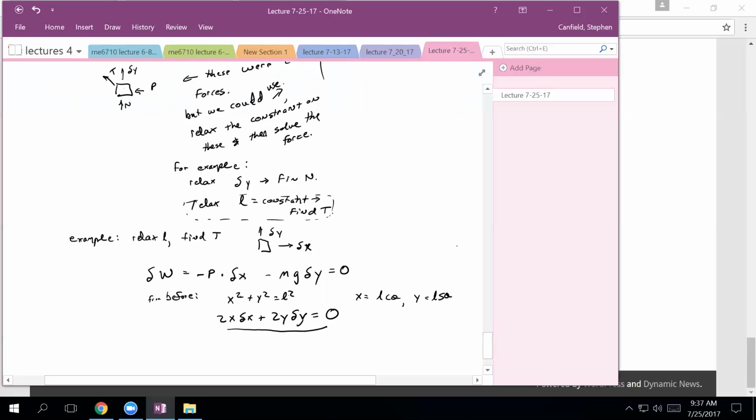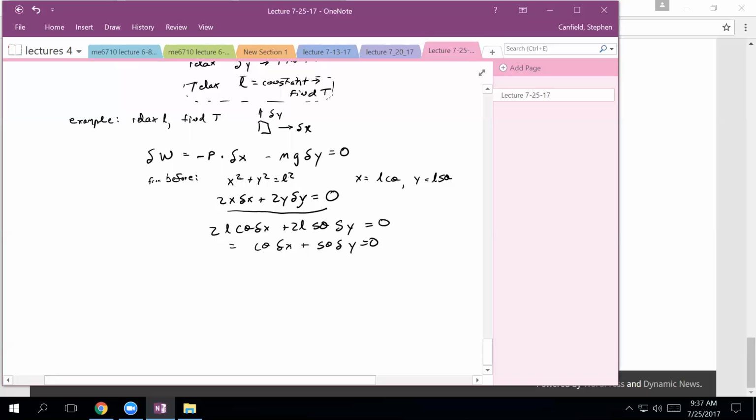So when we put this in, I get 2 L cos theta virtual x plus 2 L sine theta virtual y, which is cos theta virtual x plus sine theta virtual y equals 0. So effectively, this gave me 2 equations.